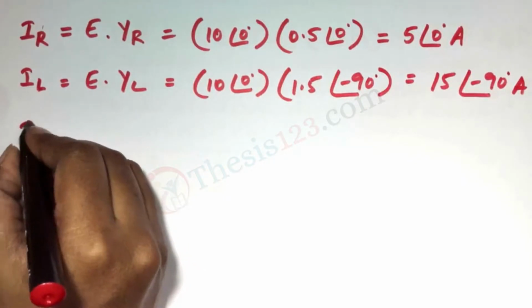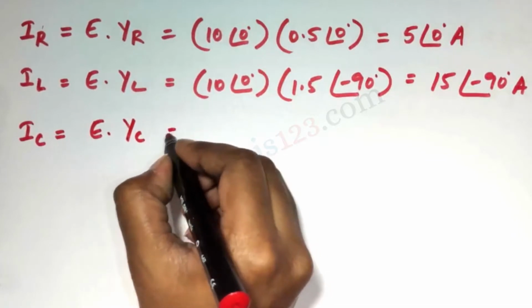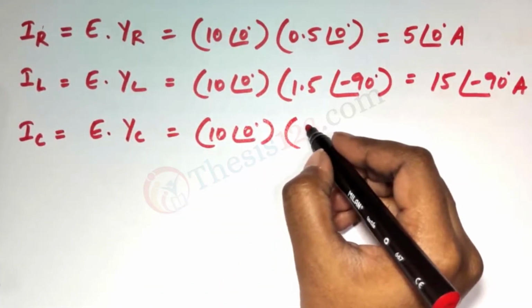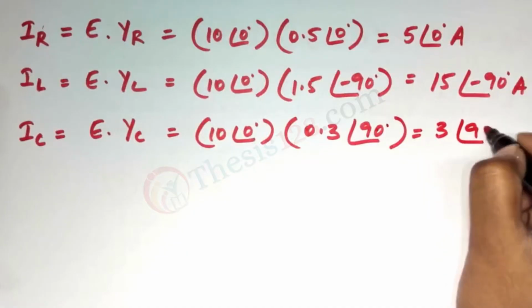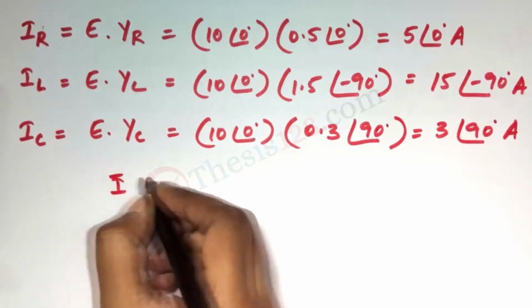Similarly, the next one we calculate for IC. IC is E times YC, that's 10 angle 0 times the value that we found earlier was 0.3 angle 90. Multiplying the two, that gives us 3 angle 90 amps.